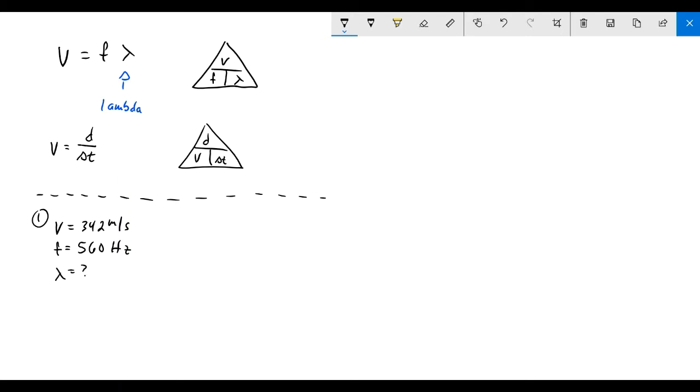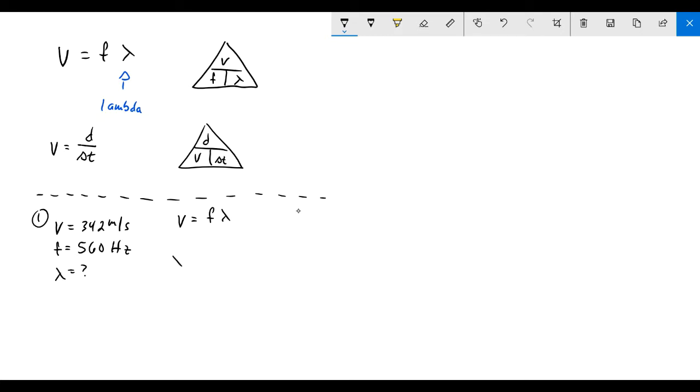What is lambda? So our equation for the waves is velocity is frequency times wavelength, and you can see that this equation is going to fit, right? This equation right here will fit because we have all of our variables that match the equation that's listed here. I do need to do a little bit of algebra or use the triangle trick, which we have at the top up there.